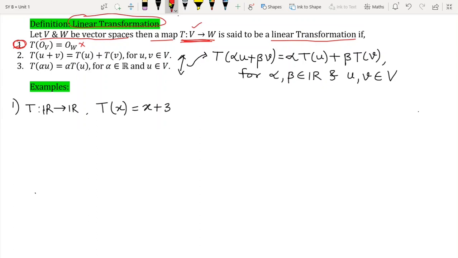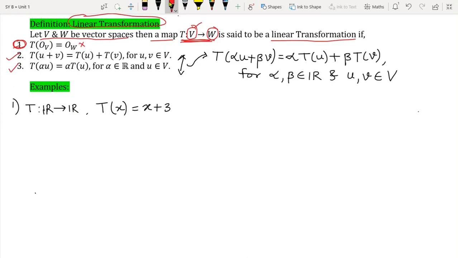So my point is, if you are having a linear transformation, then 0 is always mapped to what? 0. So this 0 with the suffix V over here indicates 0 of this vector space V, that is our domain, and this 0 of W indicates 0 of our codomain of a function. So these two conditions are important.